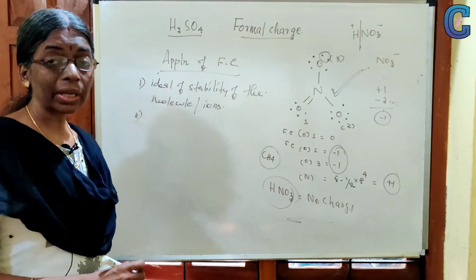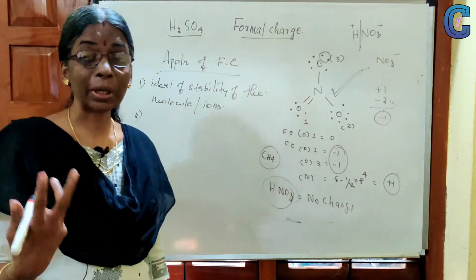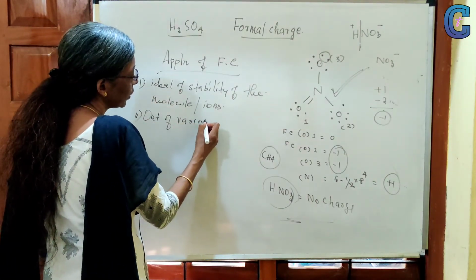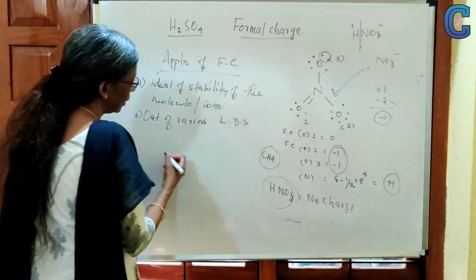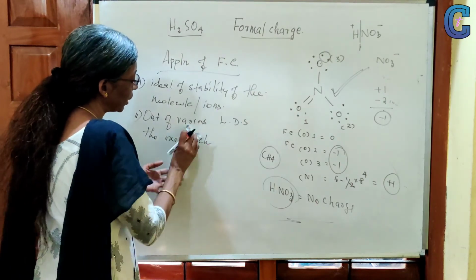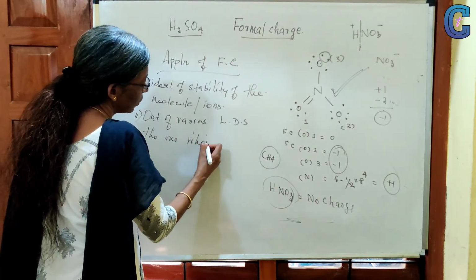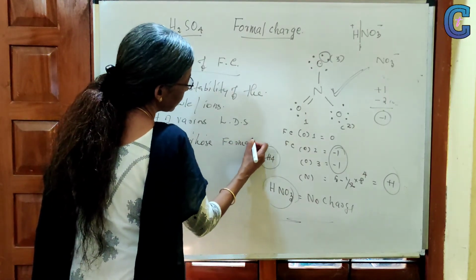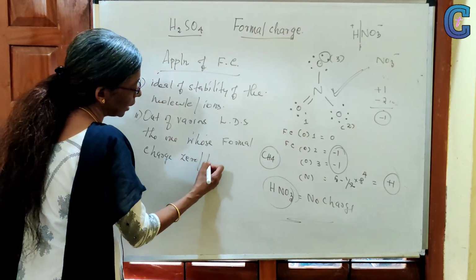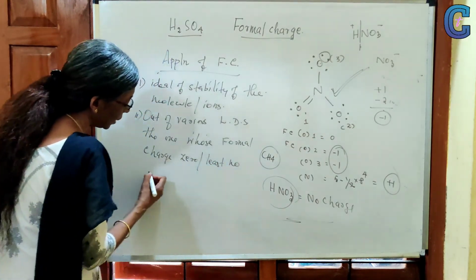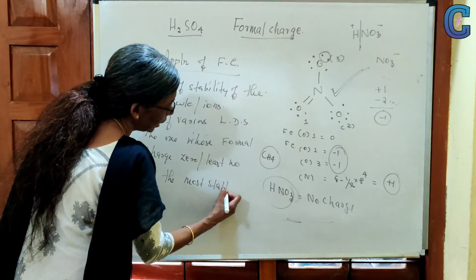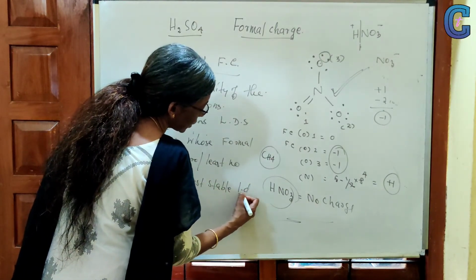We can give various structures for a particular polyatomic ion out of various Lewis dot structures. The one whose formal charge is 0 or the least number is the most stable one, the most stable Lewis dot structure.